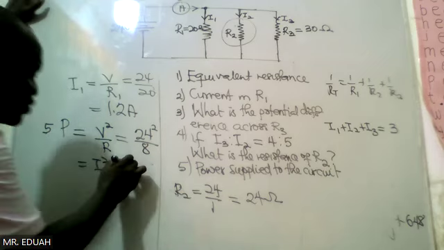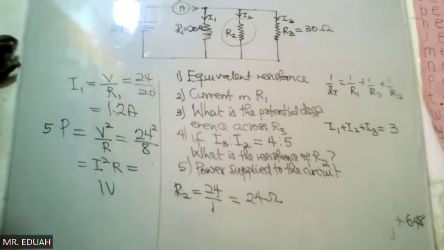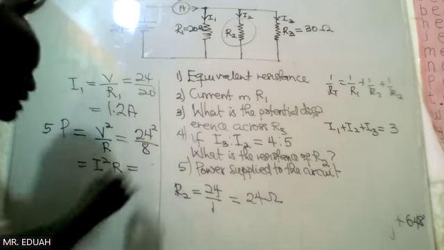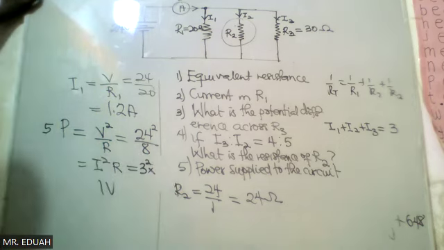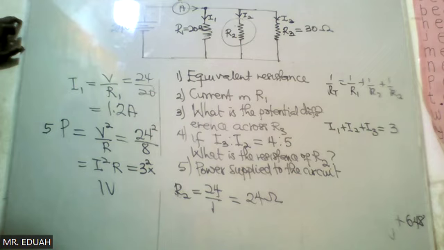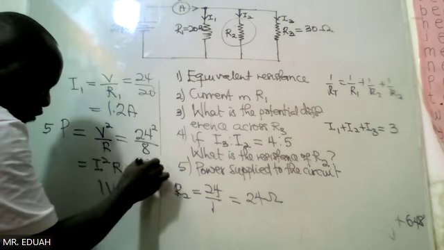If we are to use I squared on R, I is 3. So 3 squared. What is the total resistance in the circuit? 8.